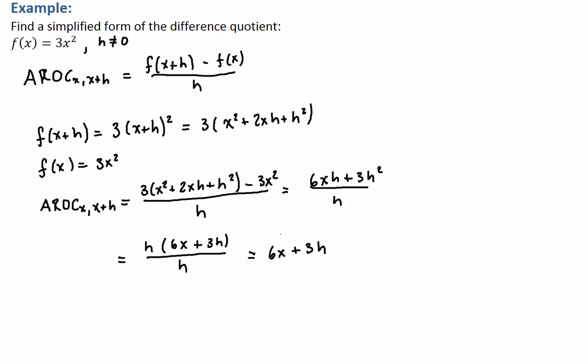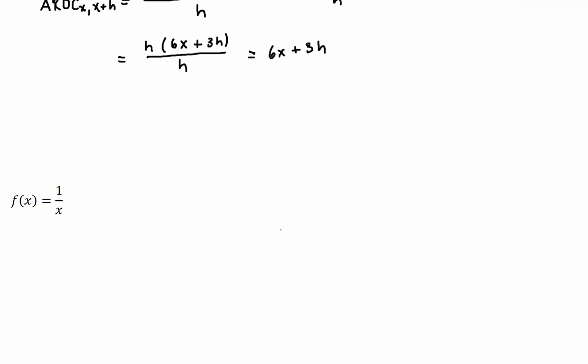We'll do one more before this video ends, and that will be calculating the difference quotient for this particular function. So to do that, you need to calculate f of x plus h, and that's going to be 1 over x plus h.